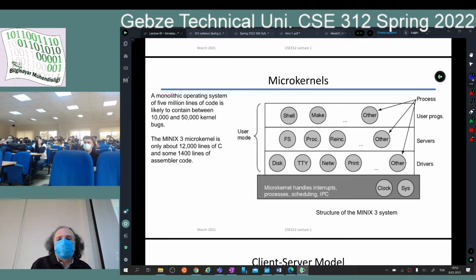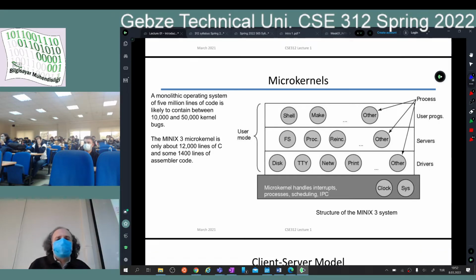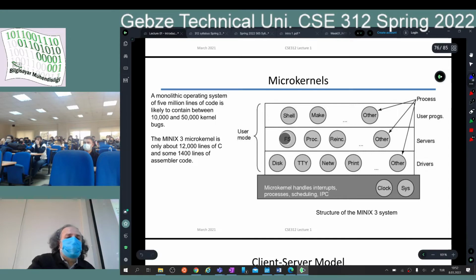but that will not put you in a very bad situation because your whole operating system is still running. In fact, there is this reincarnation module running. Its responsibility is to run from time to time and check if the file system is alive, its networking is alive, its print servers are alive. If they are alive, then that's fine. If they are not alive, then it just reinitializes them.